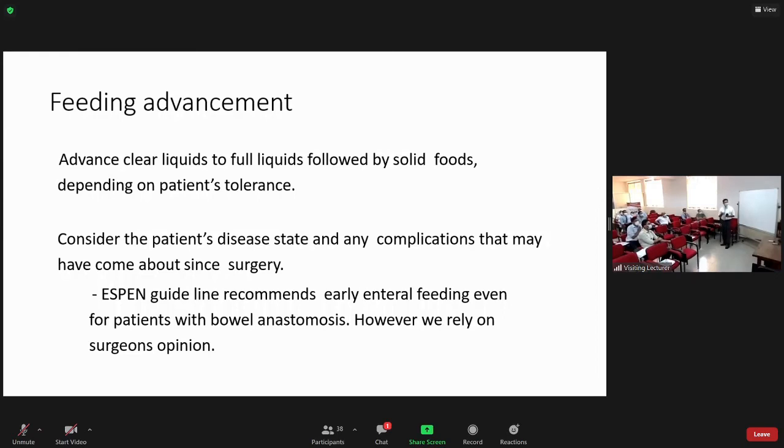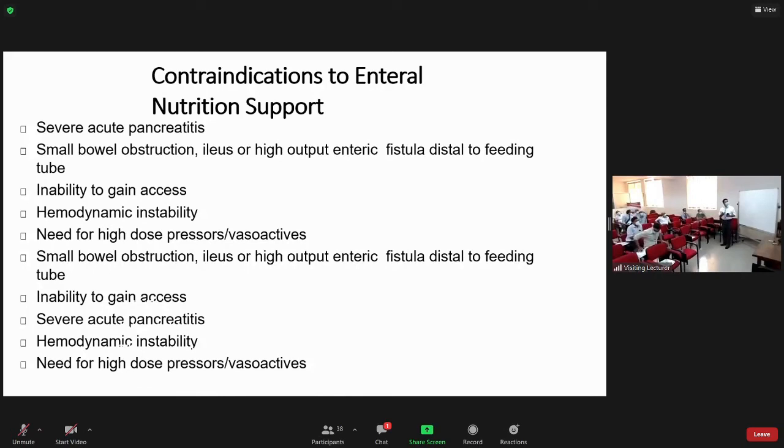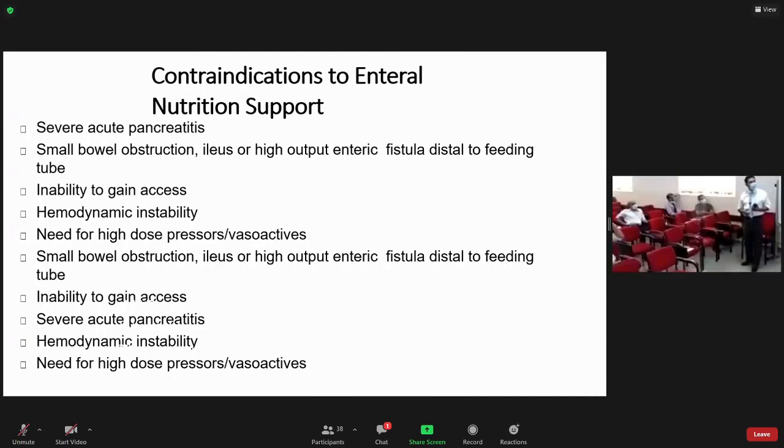Next slide, please. And these are the contraindications for enteral nutrition: severe acute pancreatitis, small bowel obstruction, ileus, or high output enteric fistula distal to the feeding tube.